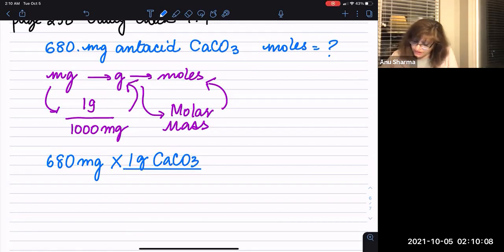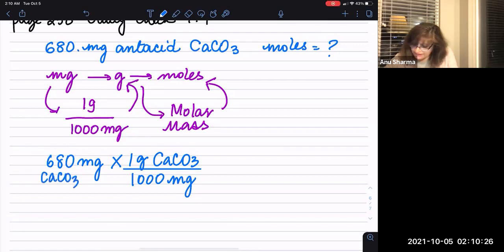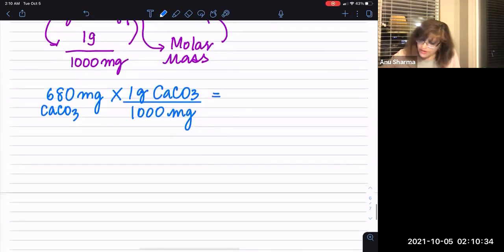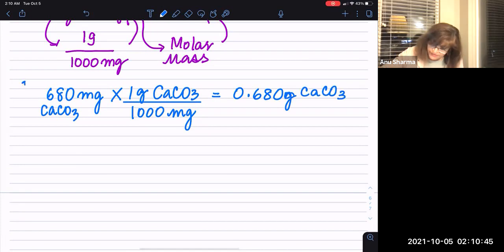So this converts the milligrams to grams for calcium carbonate. When you calculate it, this gives you 0.680 grams of calcium carbonate. So this is one piece.